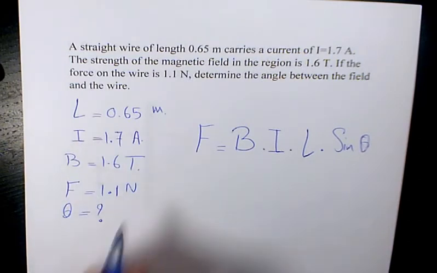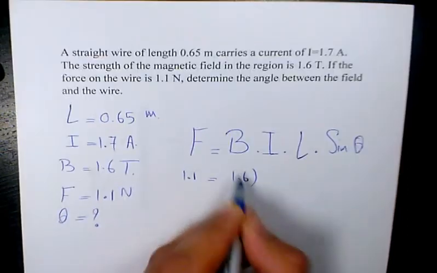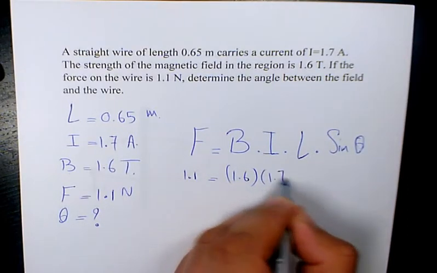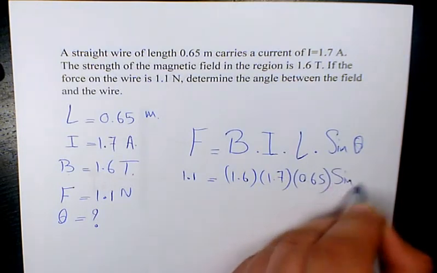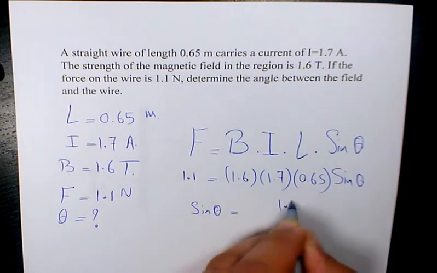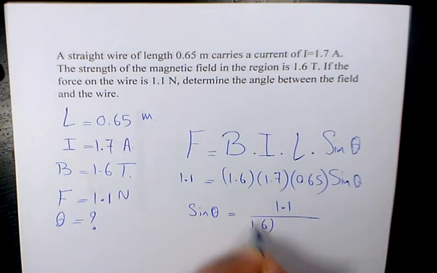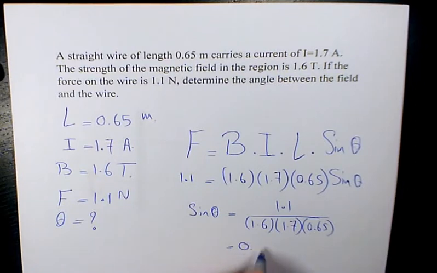So F is given, which is 1.1, B is given, which is 1.6, I is given, 1.7, L is given, 0.65, equals times sine theta. So sine theta equals 1.1 divided by 1.6, 1.7, 0.65. That's going to be 0.622.